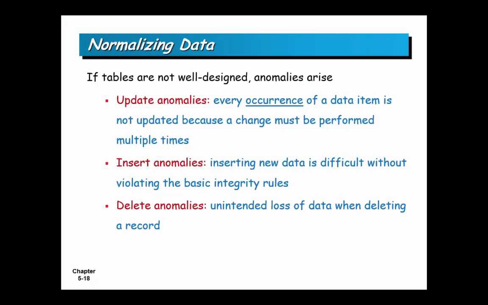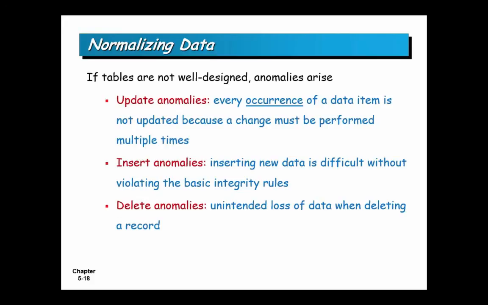When that customer changes their address, you've got to find it everywhere. If you designed your table right, you just have to change it once and everything's pointed to that customer table and the address will be there for whoever needs it. So an update anomaly occurs if you have multiple occurrences of data so that you have to do multiple updates when that data changes.